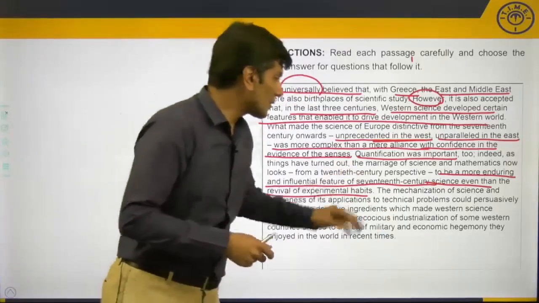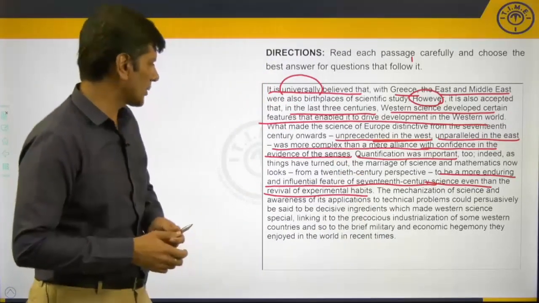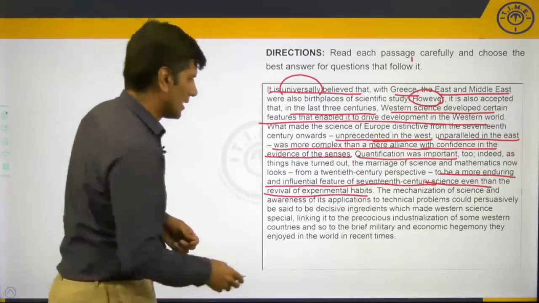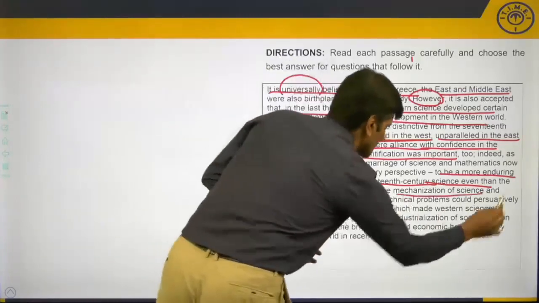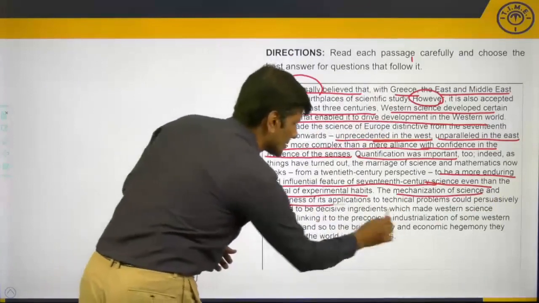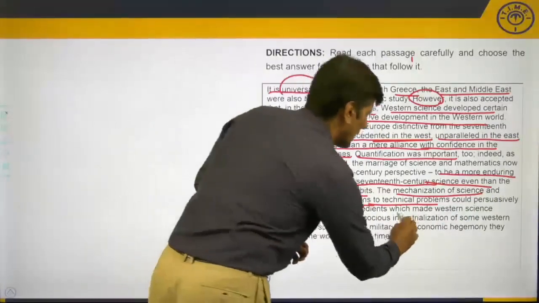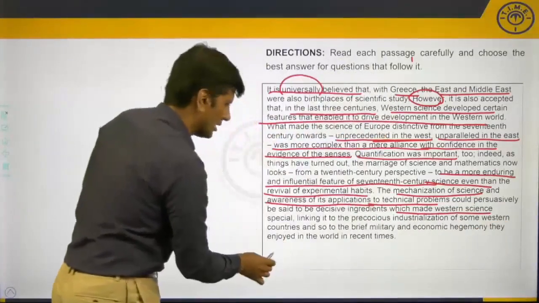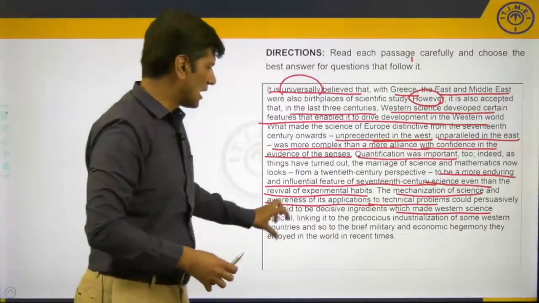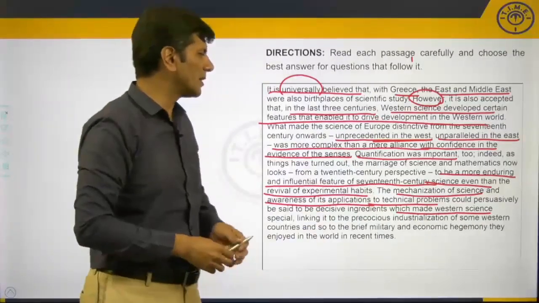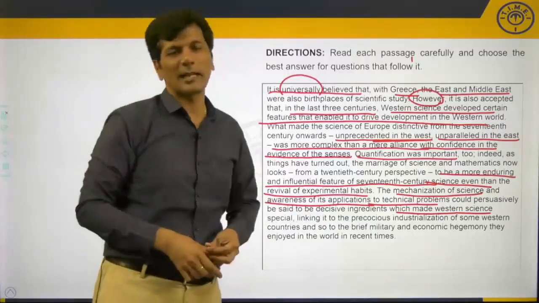The mechanization of science and awareness of its applications to technical problems could persuasively be said to be decisive ingredients. What are they? Mechanization of science and awareness of its applications to the technical problems, which made Western science special, linking it to the precocious industrialization of some Western countries, and so to the brief military and economic hegemony they enjoyed in the world in recent times.